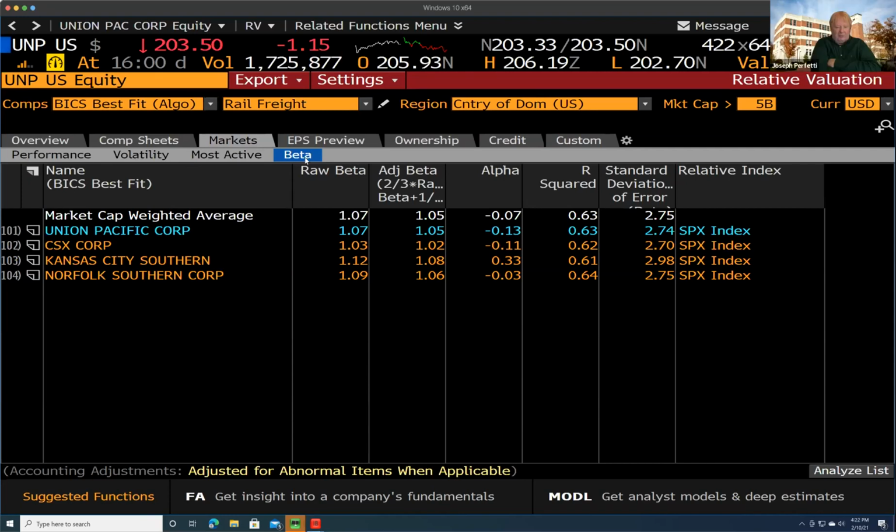When it goes up 1%, it goes up by 1.07%, which compared to other companies and industries is a pretty close correlation, especially comparing it back to United Airlines when they were about 2.5. Yeah. So just use the number 1.07 as opposed to super close, to be specific.